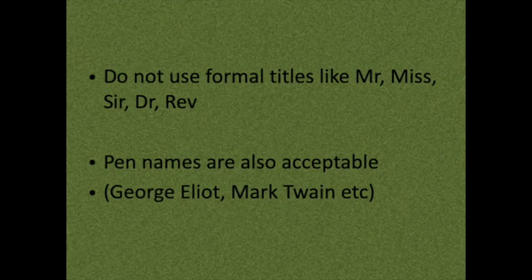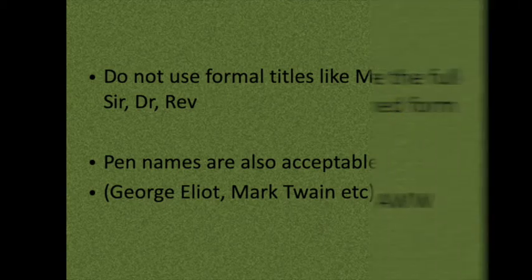Do not use formal titles like Mr., Miss, Sir, Doctor, etc. You can use pen name of the writers, which is acceptable, like George Eliot, pen name of Mary Ann Evans, Mark Twain, pen name of Samuel Clemens.